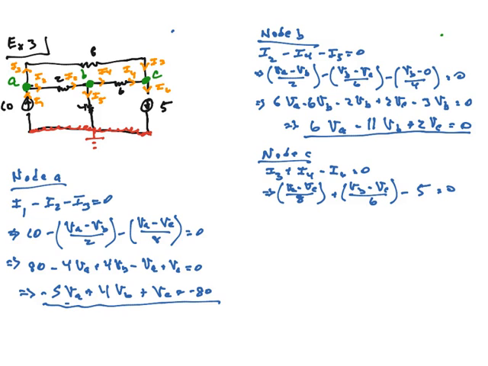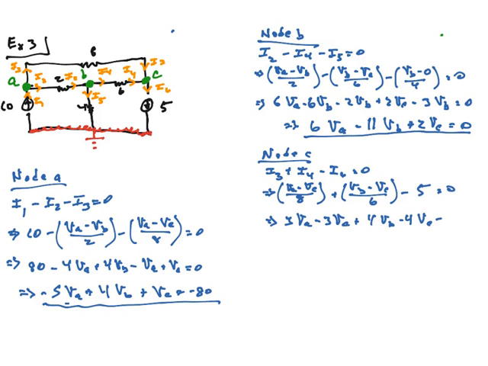All right, so how do we get rid of these denominators? What's common with 6 and 8? 24 is common. So I'll multiply everything by 24. All right, 24 divided by 8 gives me 3 left over, so 3VA minus 3VC. 24 divided by 6 is 4 left over, so 4VB minus 4VC.